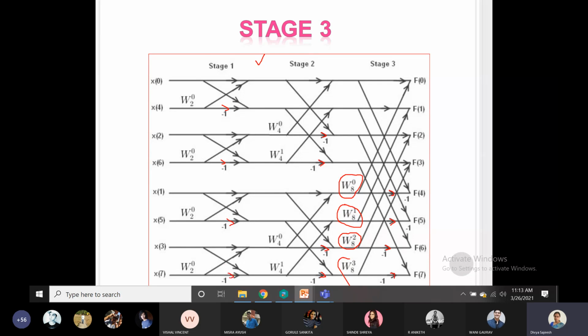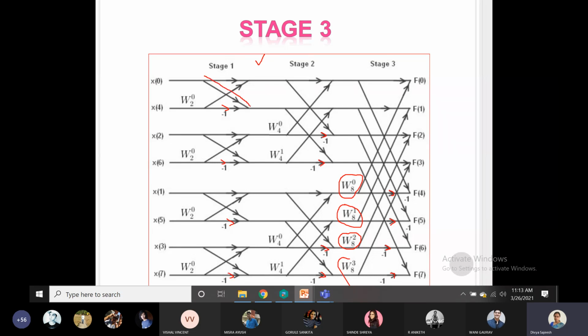So just understand how the connection is being done. In the first stage, the first input is connected to the second and the second input is connected to the first.